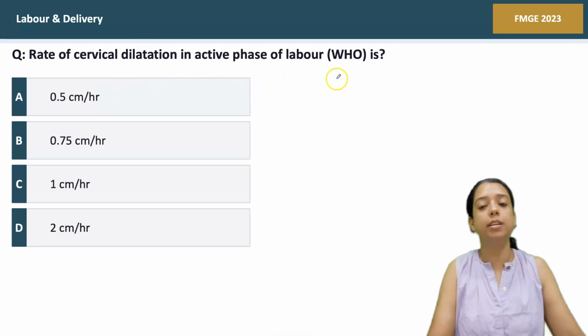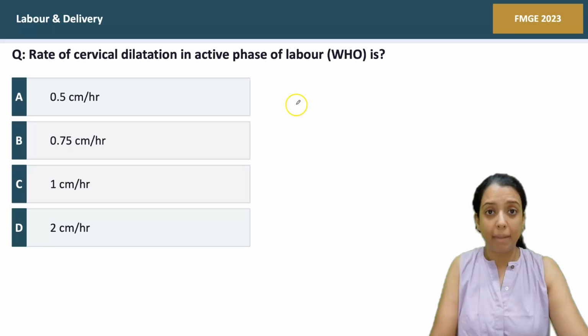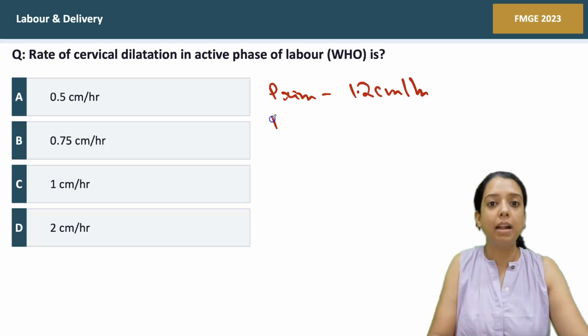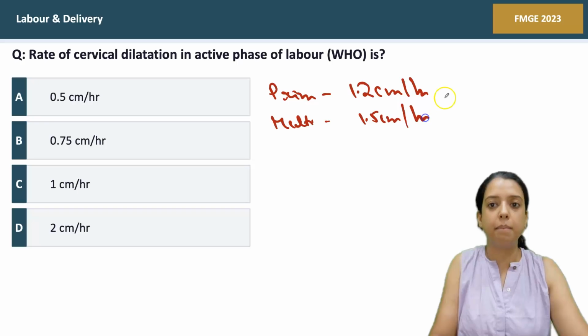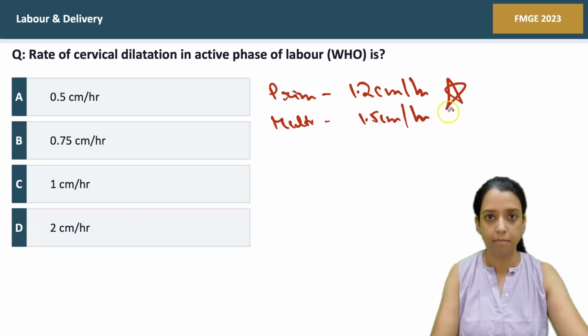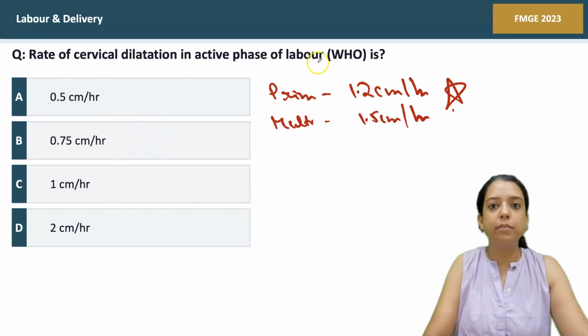Rate of cervical dilation in active phase of labor is different in primi and multi. In primi, the rate of cervical dilation is 1.2 centimeter per hour, and in multi, the rate of dilation is 1.5 centimeter. This number you have to remember. Questions previously have been asked on this number. Now here, this exact figure is not given. So what will you mark?